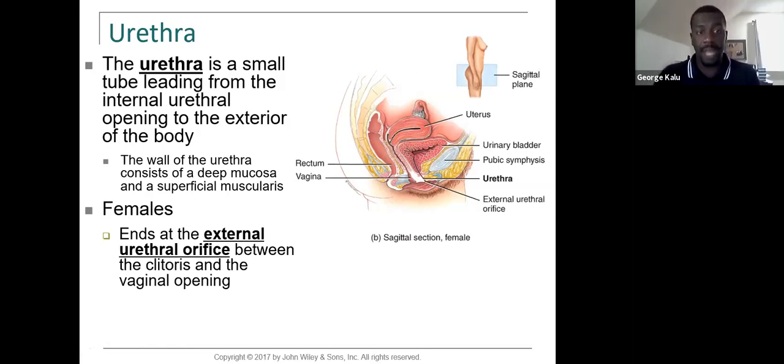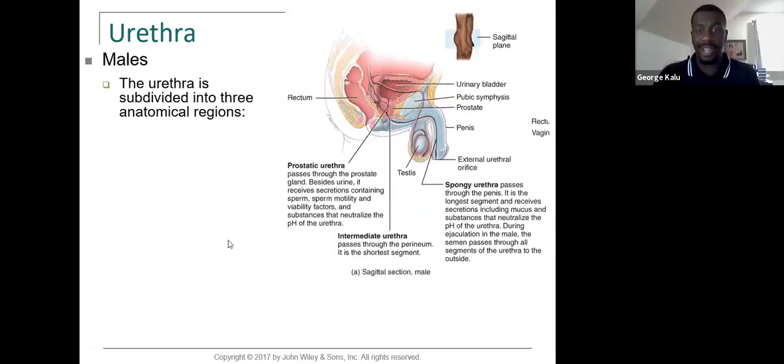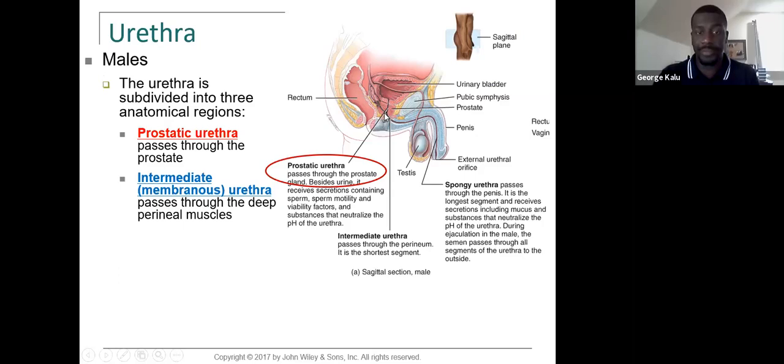In males, this process is a lot more complicated. The male urethra is a lot longer, and it gets divided into three different regions. The first is the prostatic urethra, where the urethra passes through the prostate. Then the urethra passes into the perineal muscles, which we refer to as the intermediate or membranous urethra.